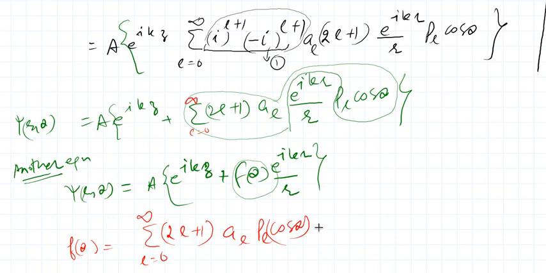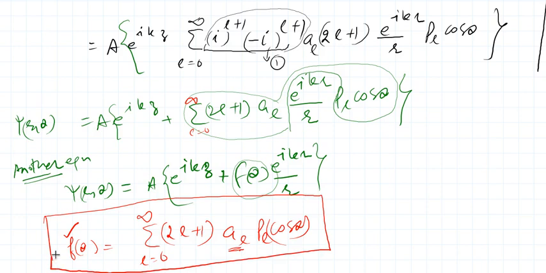This is the equation for the scattering amplitude, because f of theta is the scattering amplitude, and this equation suggests how the scattering amplitude depends upon the amplitude of the partial wave, the L-th partial wave. So this equation tells us about the relationship between the scattering amplitude and partial wave amplitude, right? So this is a very important equation which we are getting out of this lecture.